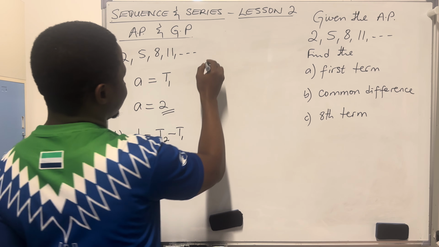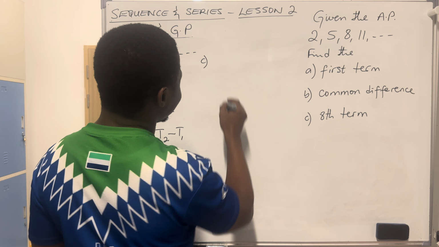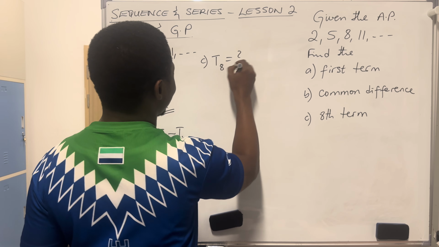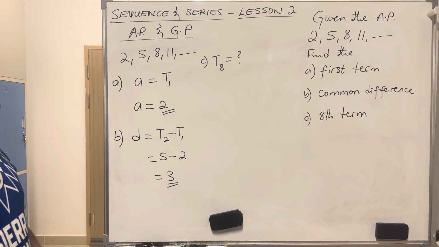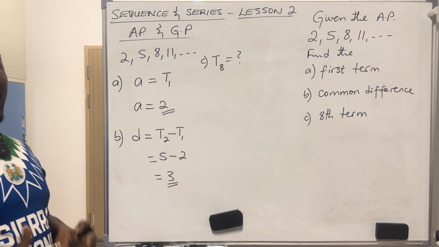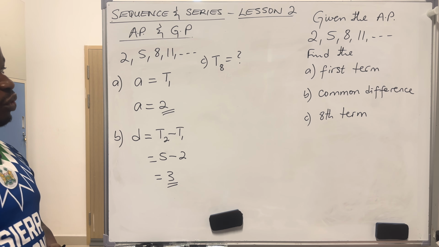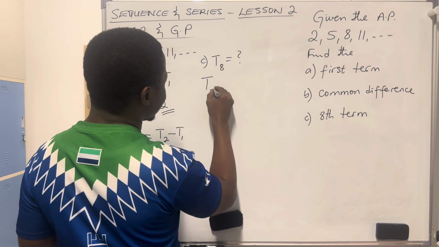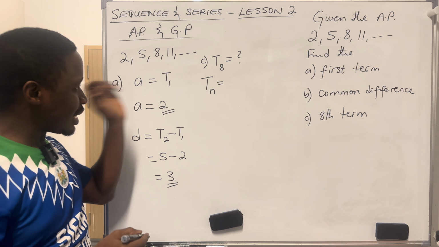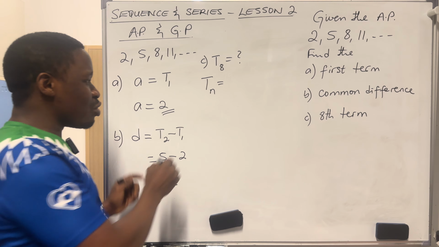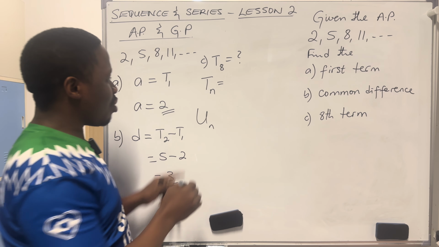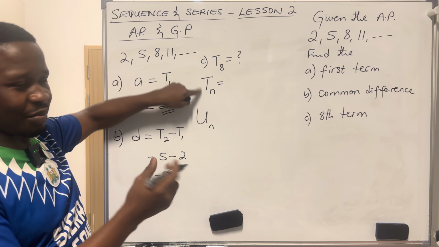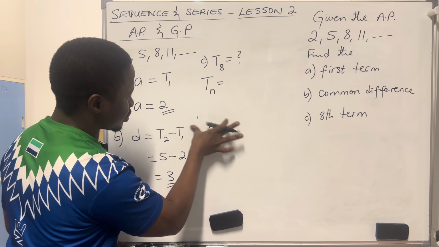So C is to find the 8th term. But we have what we call the general term. The general term is denoted by Tn. Some books say Un, but Tn is most often used because T represents term.